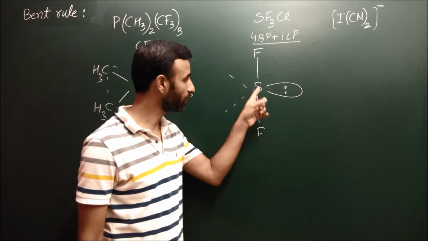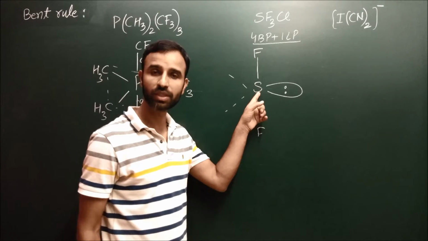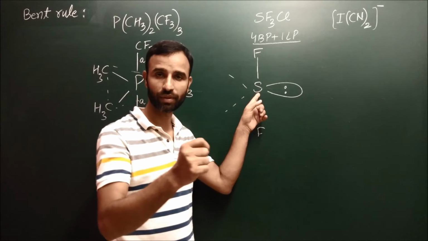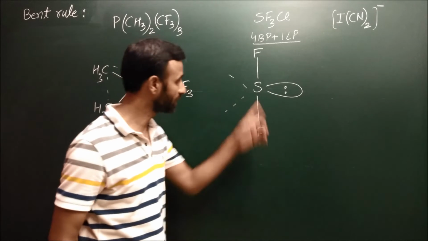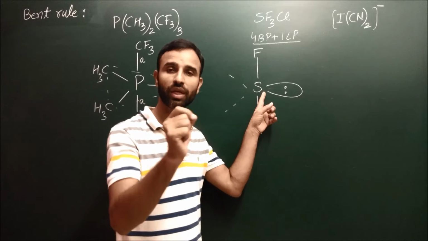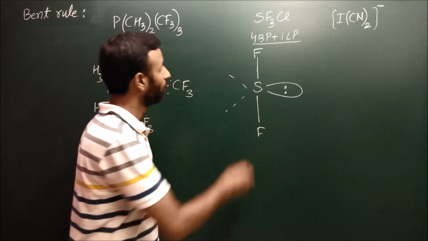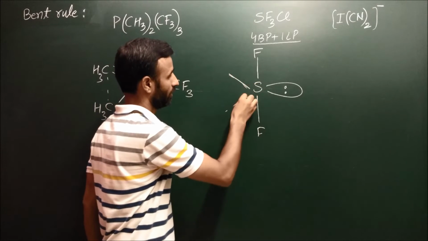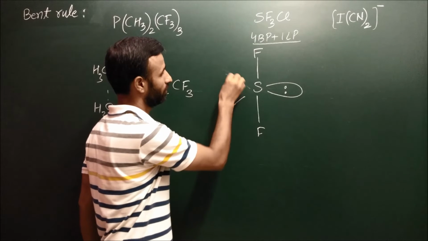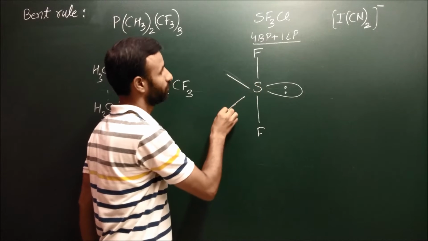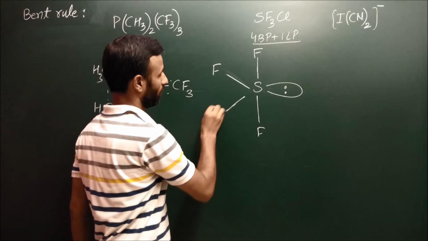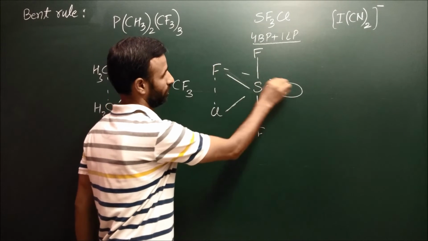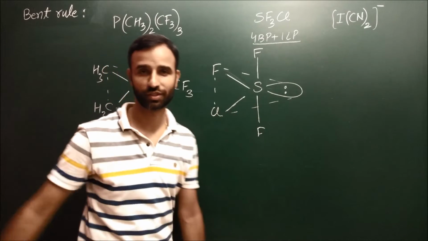The orbital of the central atom is rich in s character, and remaining we are left with one fluorine and one chlorine, so they will occupy equatorial positions.